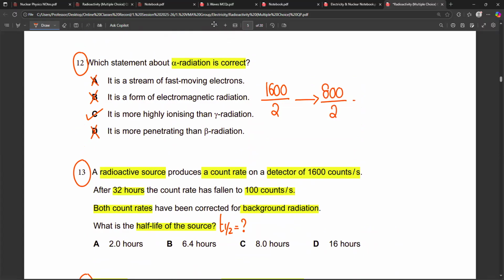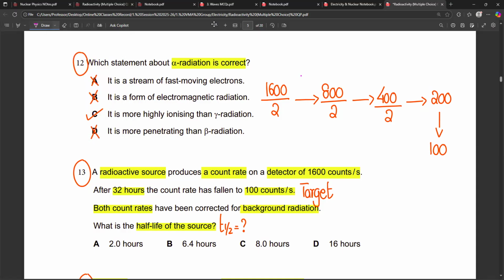Then it further decreases into half, gives you 400. It further decreases into half, 200, and one more half-life, which gives you 100, which is our targeted value. Okay, so this is our main target. We have to reach this value after half-lives.